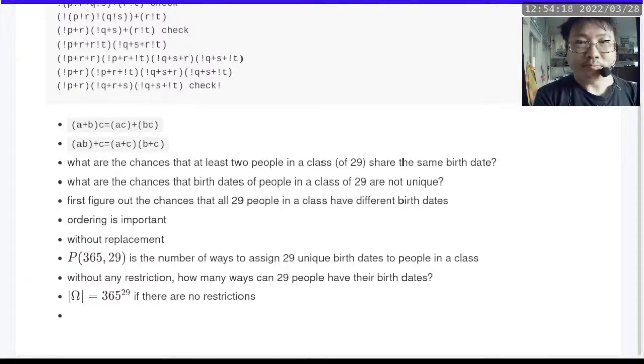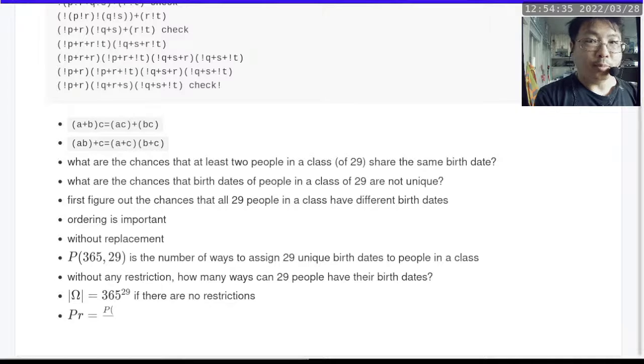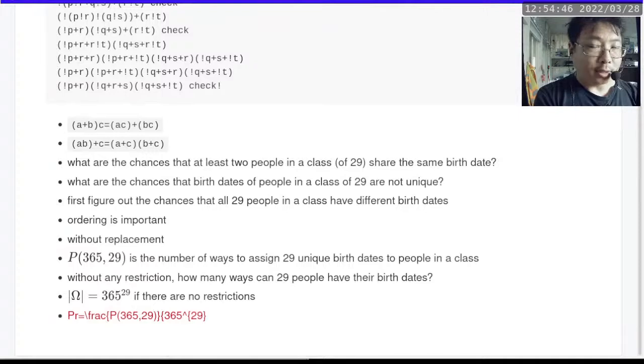Sorry. All right, so the probability that we are looking at, I'm just going to use PR to represent the probability, is now a fraction. The fraction has a numerator that is P, the number of permutations of 365 choosing 29, and it has a denominator that is 365 raised to the power of 29.